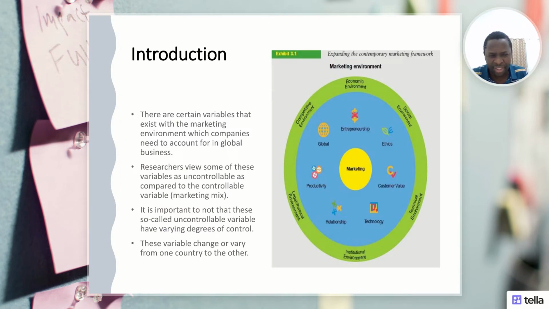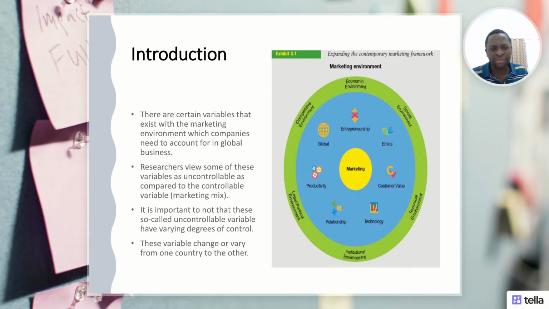When an organization decides to go global or to compete in a global market, there are certain variables which exist within the environment, which among them include economic environment, social environment, technological variables, legal variables, competitive issues, issues to do with productivity, issues to do with customer value, issues to do with relationship management and technology.